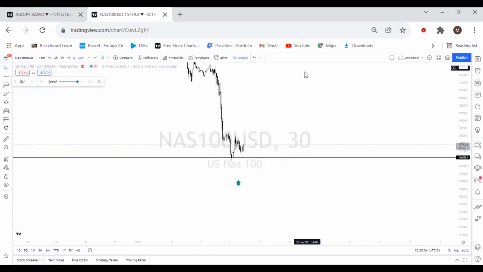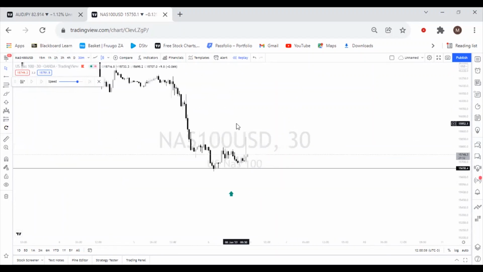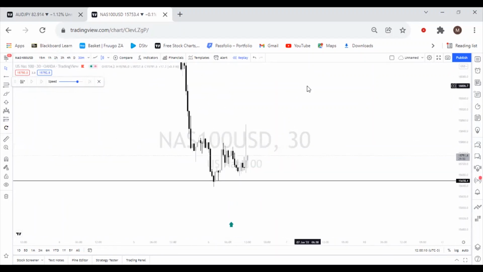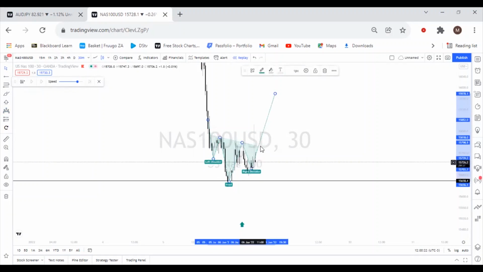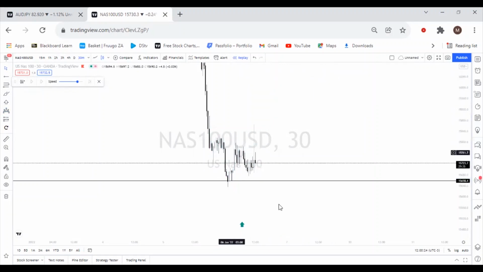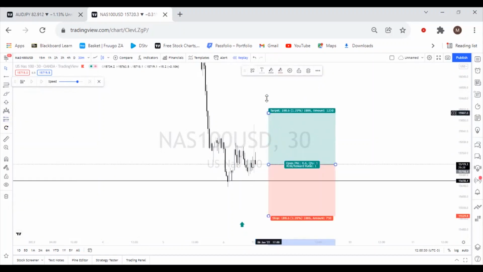Remove this. So you can see Nasdaq is kind of like forming a very weird inverse head and shoulders. It's quite weird, but then I do believe next Nasdaq should buy at this point. We should be looking at movements to the upside.